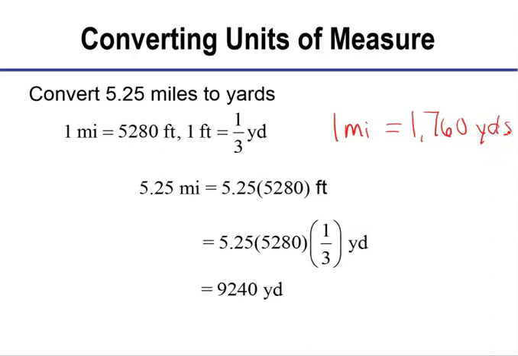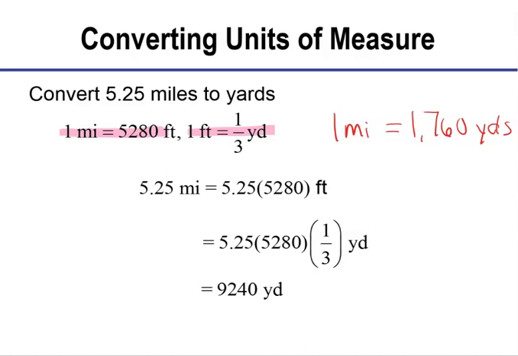And maybe it's likely because a lot of students and even a lot of adults don't have that one memorized. So if you don't know that one right off the bat, but you do know that 1 mile is 5,280 feet and 1 foot is 1/3 of a yard, then you could do it this way.